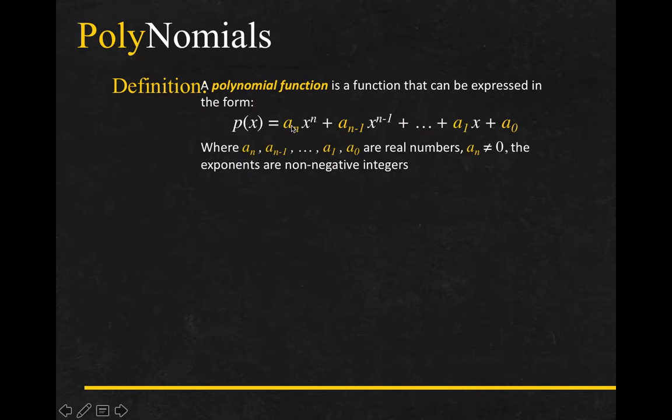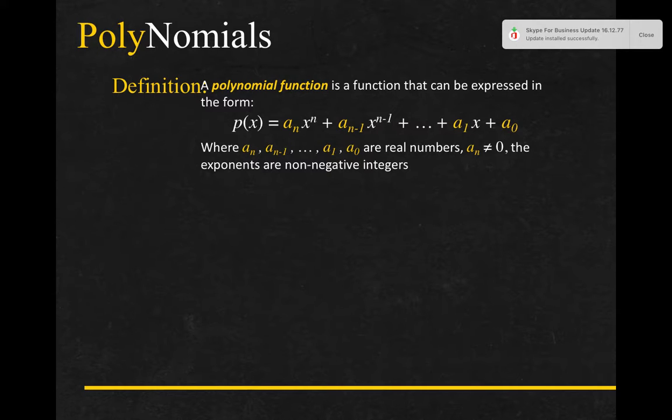As you can see, the a_(n-1), a_1 are real numbers, and a_n is not 0. And the exponents are non-negative integers. The moment that you have a negative integer, it's not a polynomial anymore. This is just a definition of what a polynomial looks like.